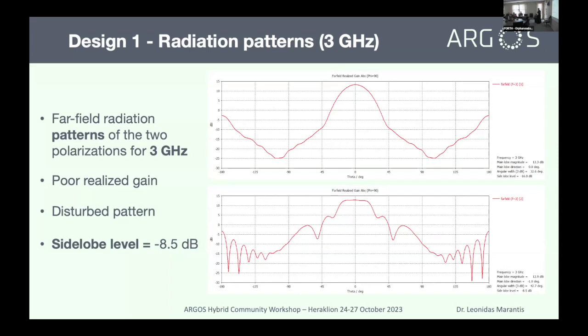Regarding the reflector system that you simulated in CST, was that the 0.38 configuration? Yes, this is the F over D, 6 meters diameter. We didn't apply any surface roughness, which is not the ideal case.